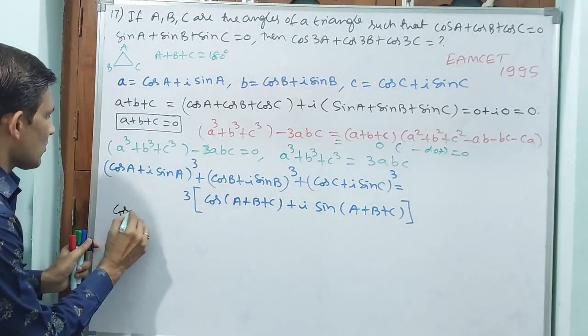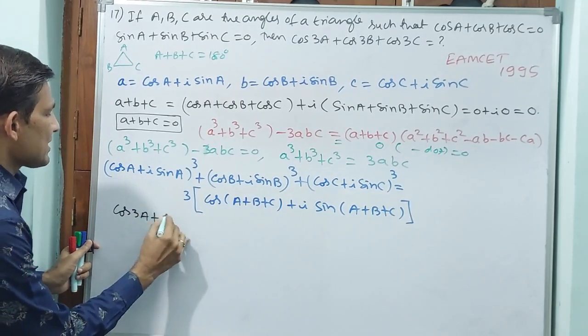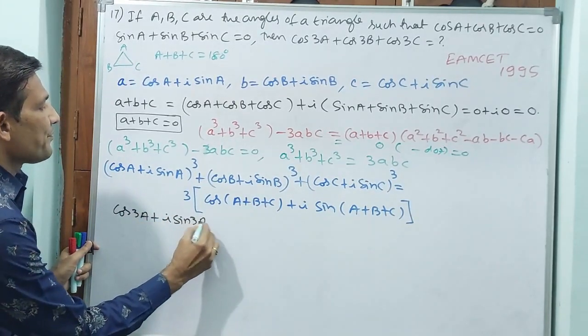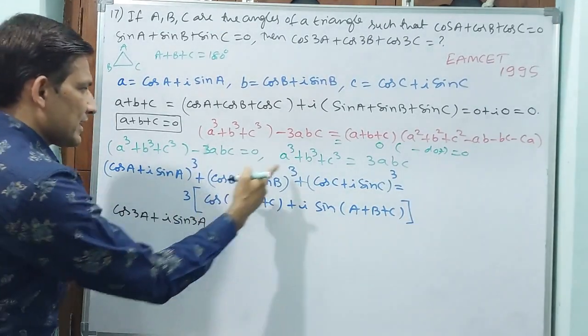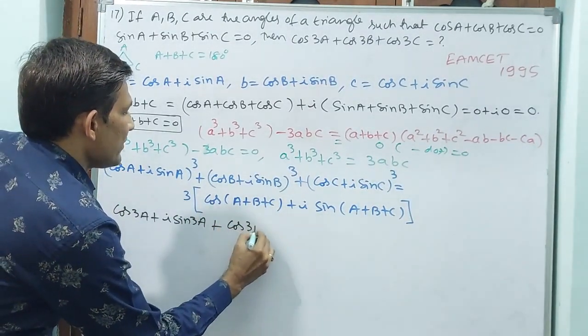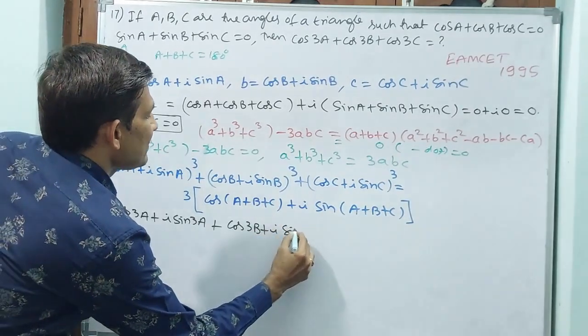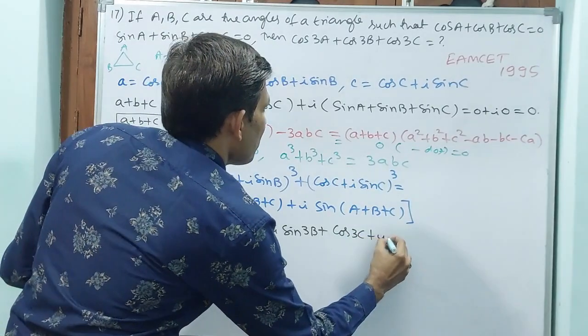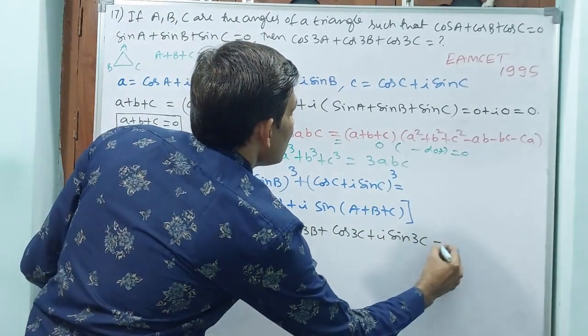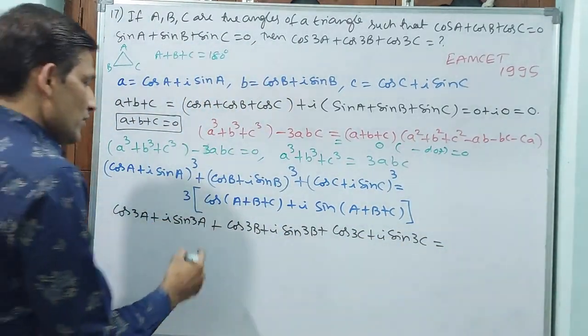You see, cos of 3A plus i sin of 3A, plus, while applying, you did not keep parentheses again, cos of 3B plus i sin 3B plus cos of 3C plus i sin 3C is equal to this one. See, 3 is there.